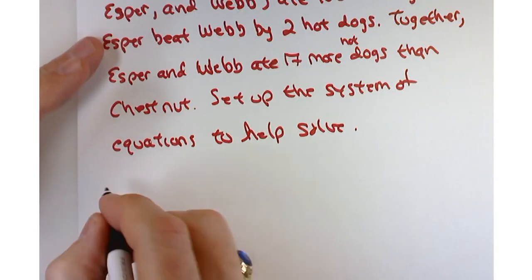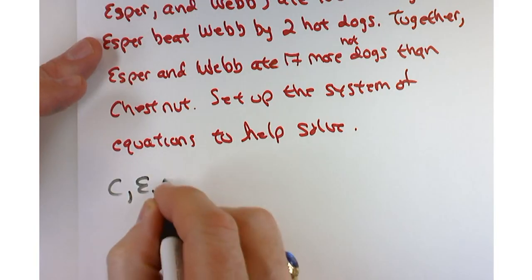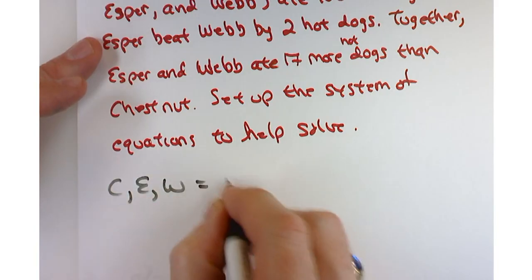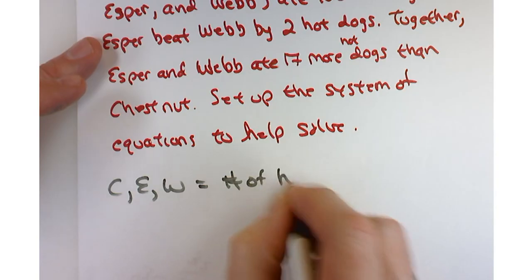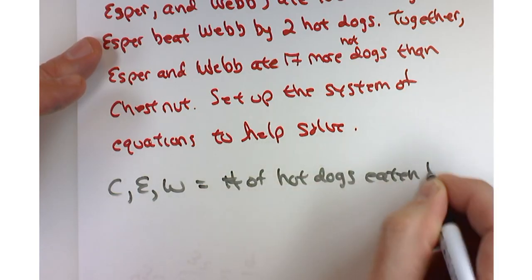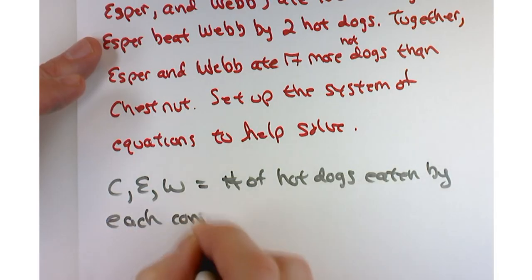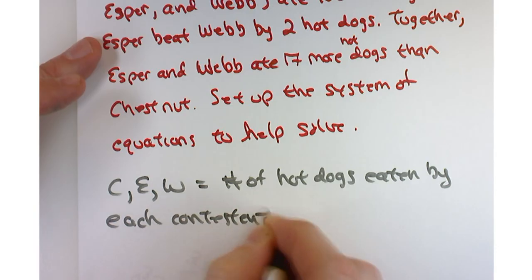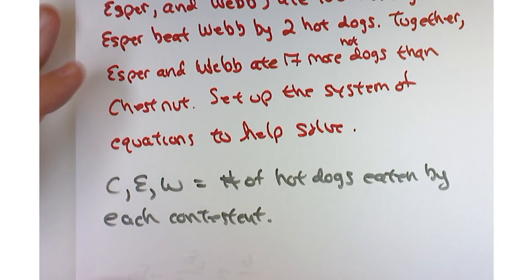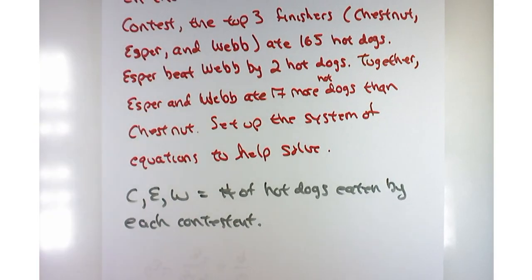In this one, C, E, and W will be the number of hot dogs eaten by each contestant. So try and come up with 3 equations and 3 unknowns.